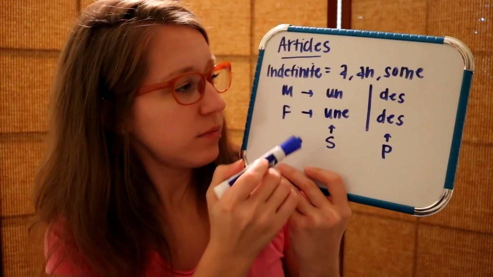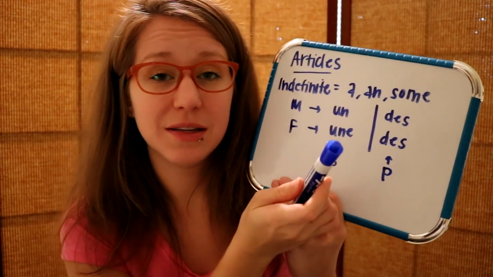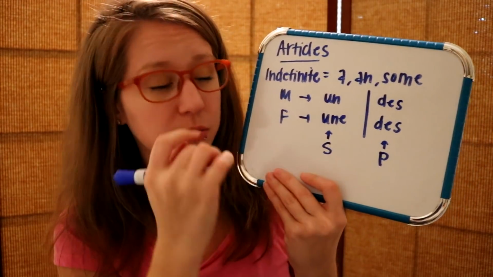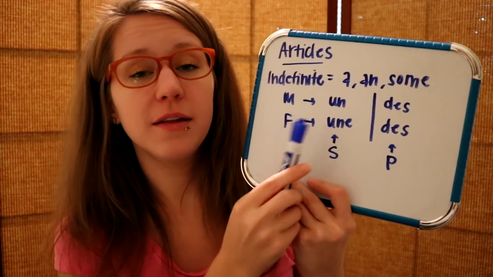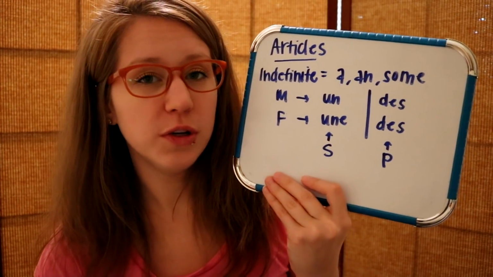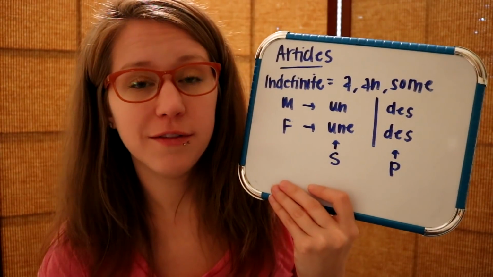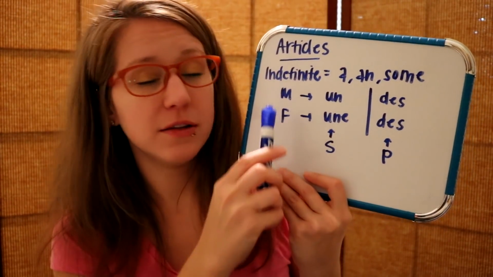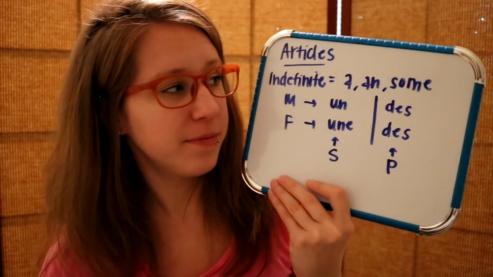So if you're talking about one of something, which is a masculine item, it's un. If you're talking about one of something that's a feminine item, une. And if you're talking about plural of an item, which is masculine or feminine, it'll take des.